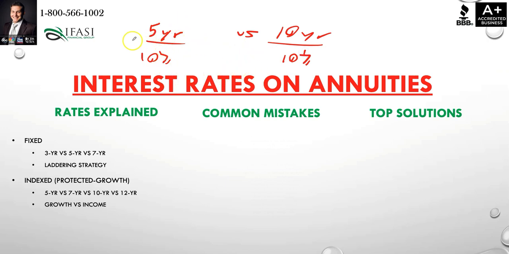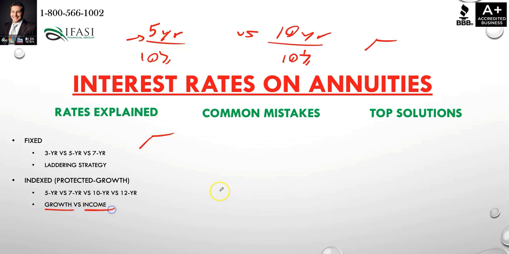So as an example, let's say you're set up with a 5-year account. Your account's going to grow whenever the market that's linked to it increases, and gains 0% whenever the index goes down. On the 10-year account, it's going to grow whenever the market index that's linked to it increases, and gains 0% whenever that index goes down.